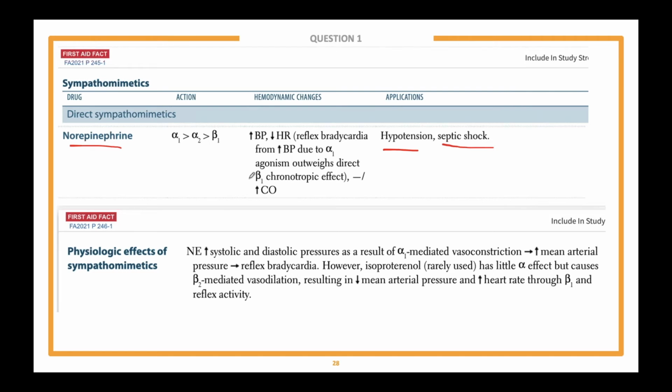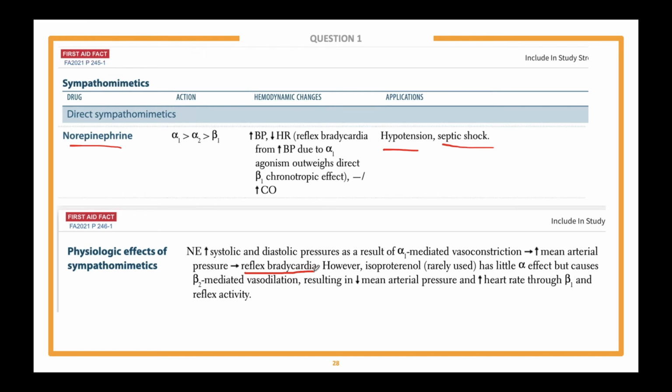So it increases blood pressure. Okay, that's its main effect, and that's why it's useful for hypotension and septic shock. Now, as a result of that increased blood pressure, you actually get a reflex bradycardia, okay? So the increase in peripheral vasoconstriction and the increase in blood pressure causes a reflex bradycardia, okay? So that's why in this question, decreased heart rate could be seen.